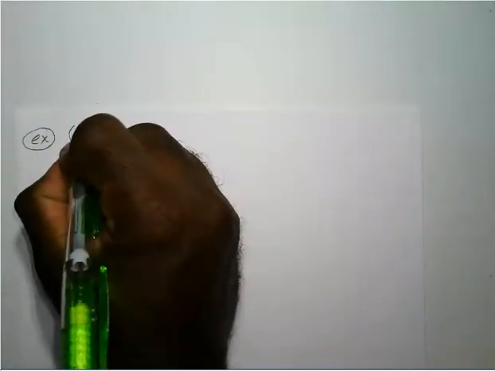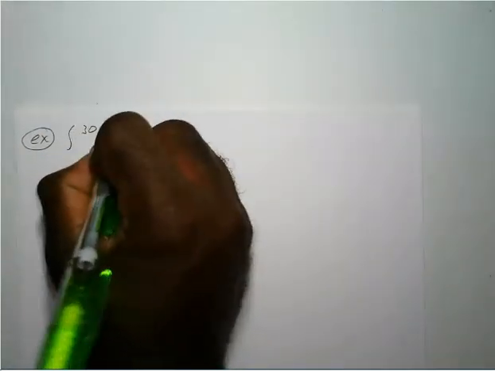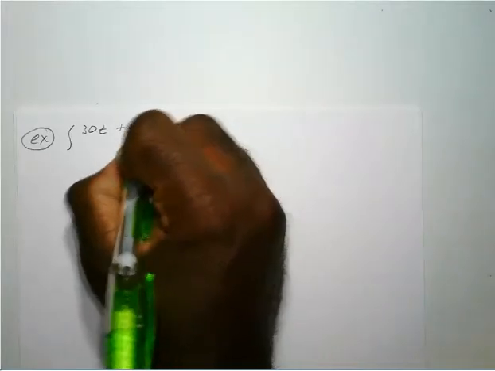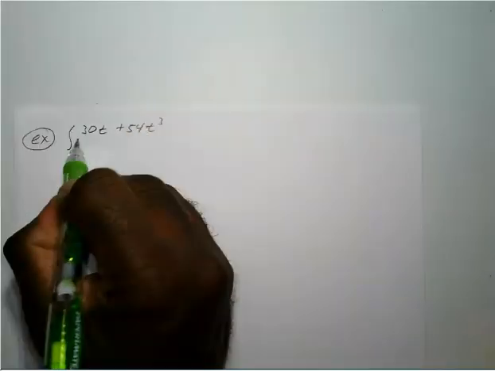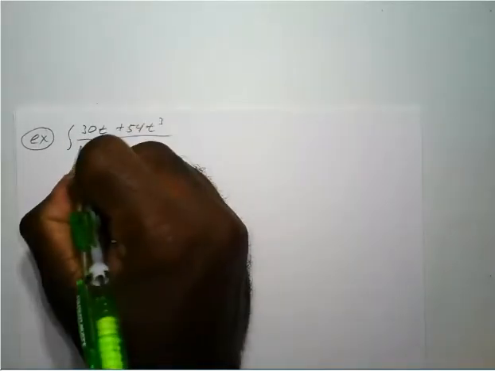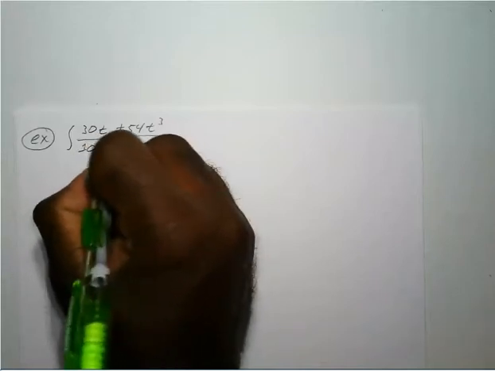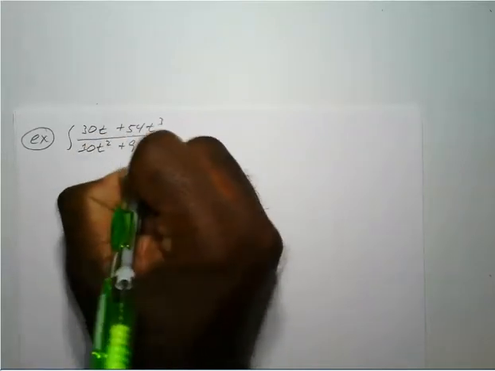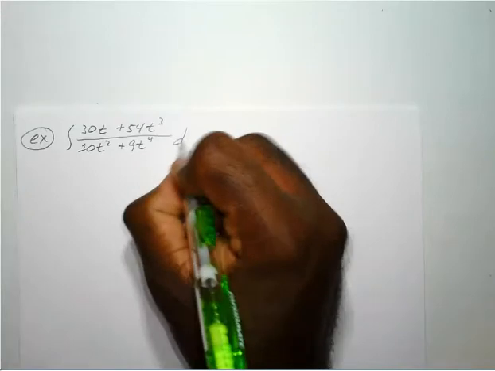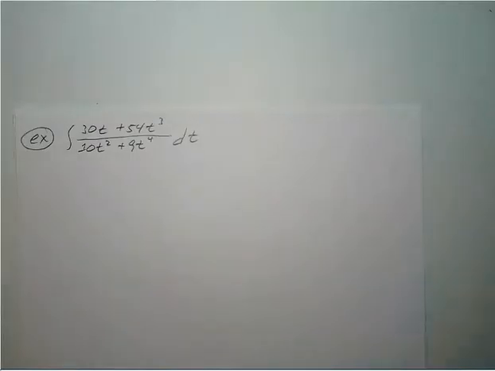All right, so let's say for this example, we have the integral of 30t plus 54t to the third divided by 10t squared plus 9t to the fourth with respect to t.